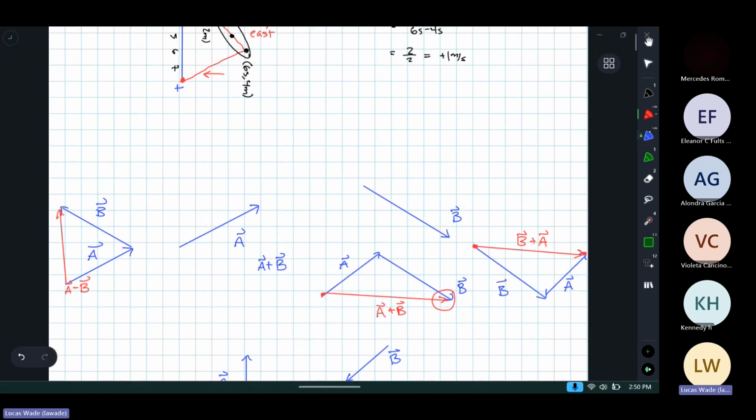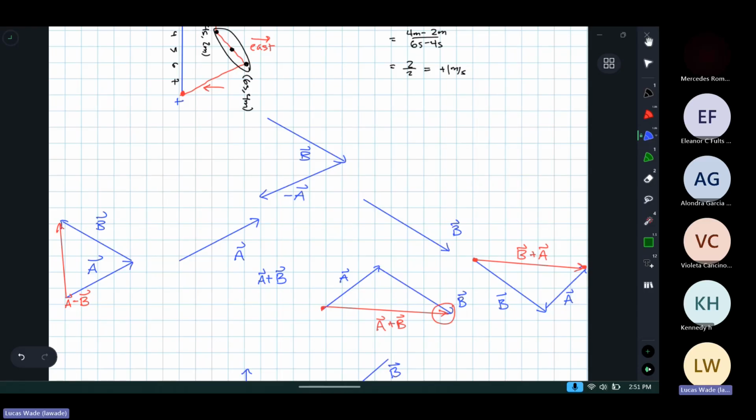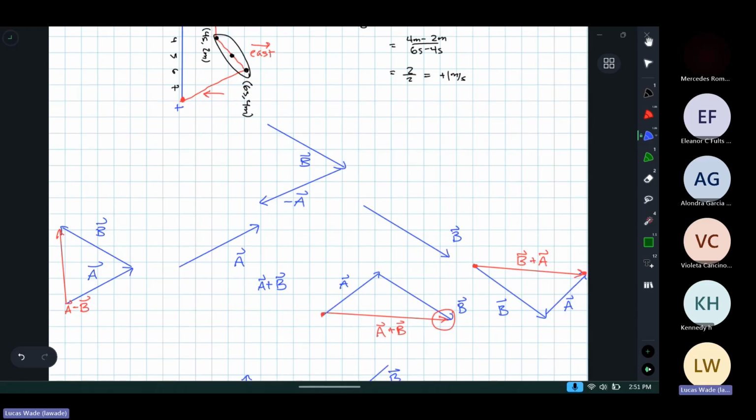And B minus A, just do it real fast, is I imagine myself walking along B, walk opposite the direction of A. This is negative A. B minus A is the shortcut I could have taken.